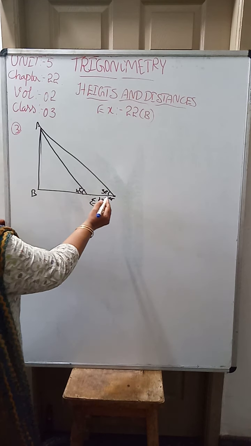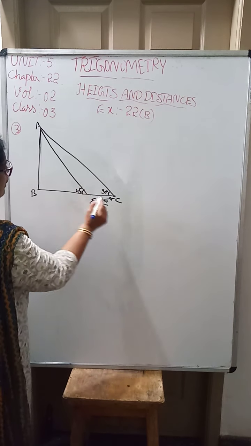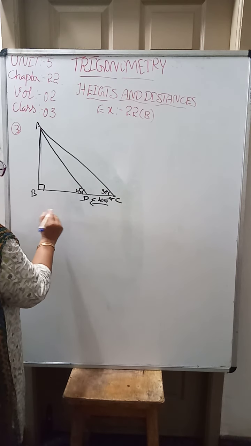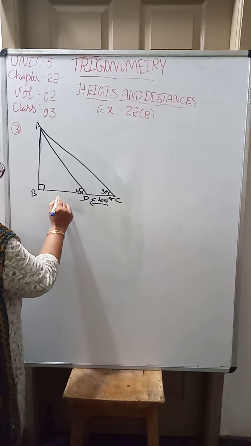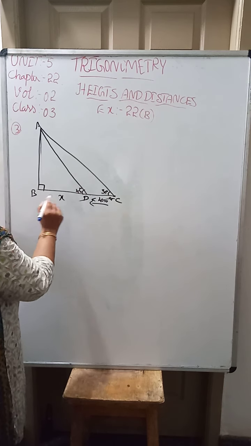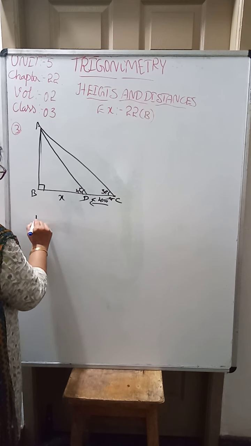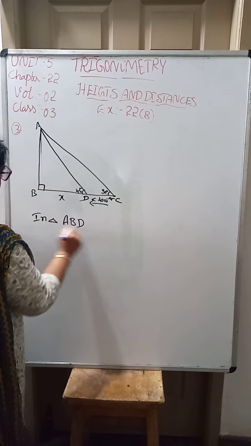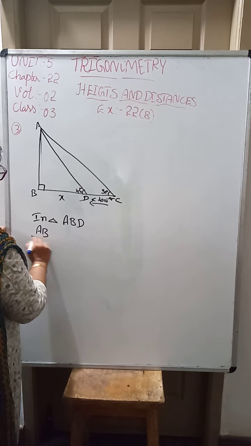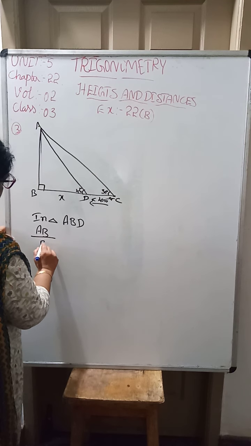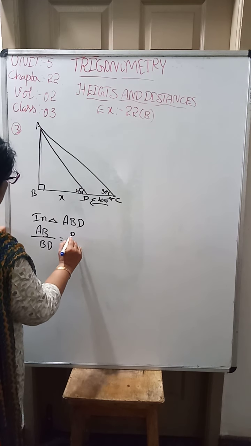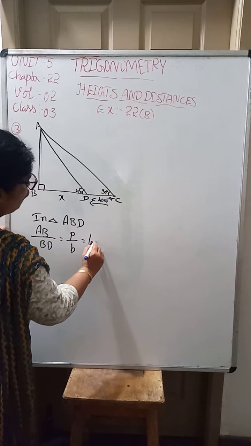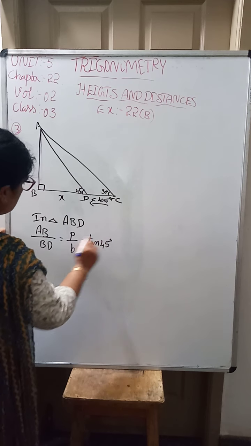Now here let it be C and let it be A, B, C and this is D. Now this is 90 degree, we know well. Now first let us consider this, let BD be X. Now in triangle ABD, AB by BD is equal to perpendicular by base is equal to tan 45 degree.